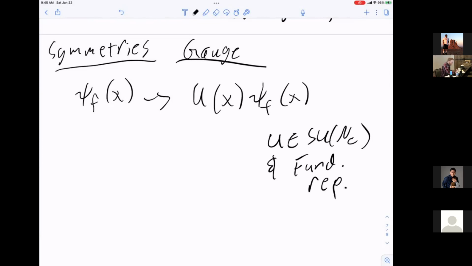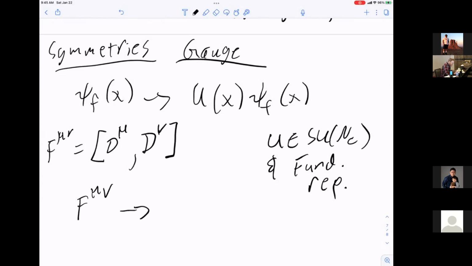From my covariant derivative, I can form my field strength operator, and my field strength operator will also transform under those gauge transformations. I'll make it fancy U.